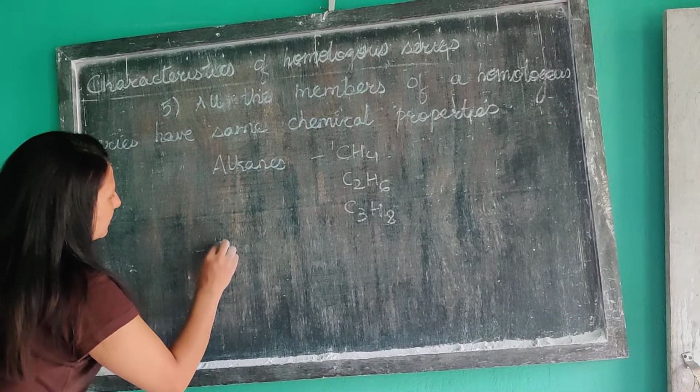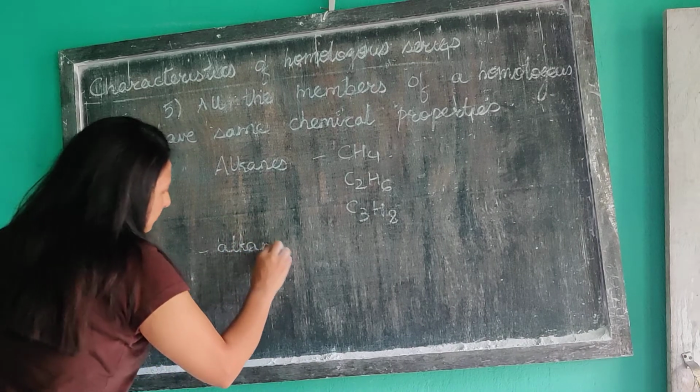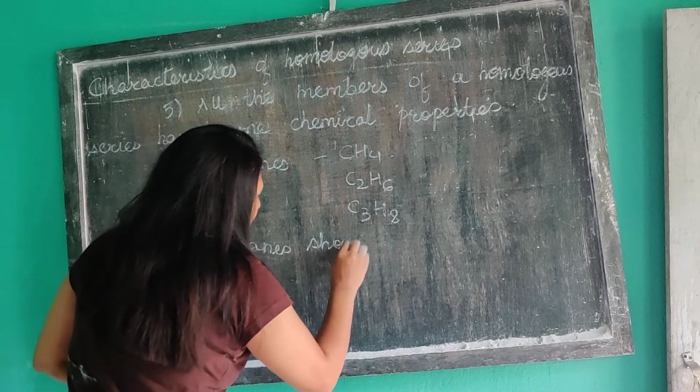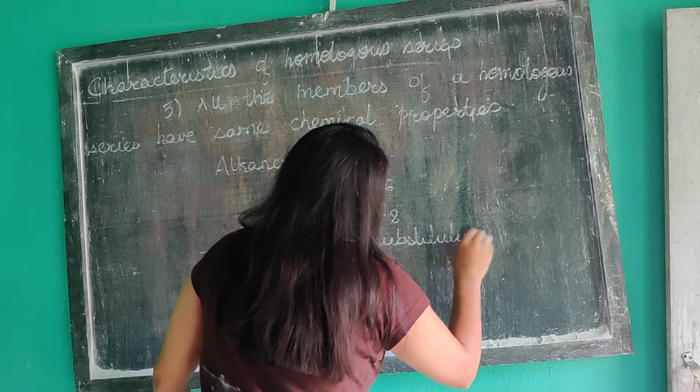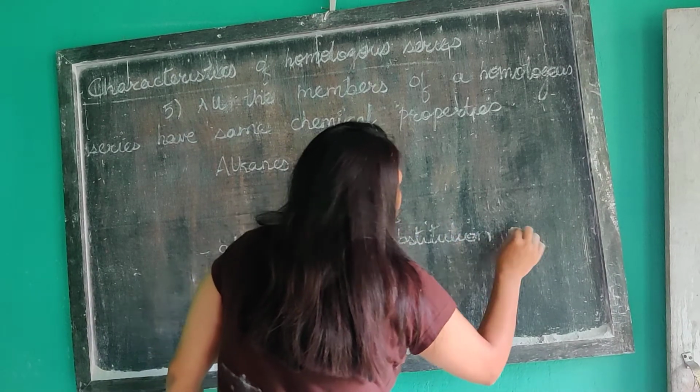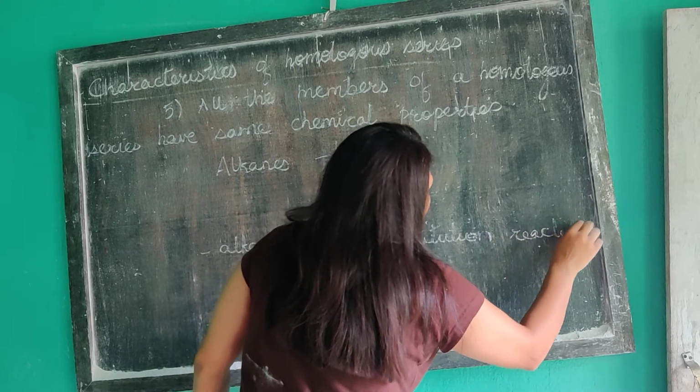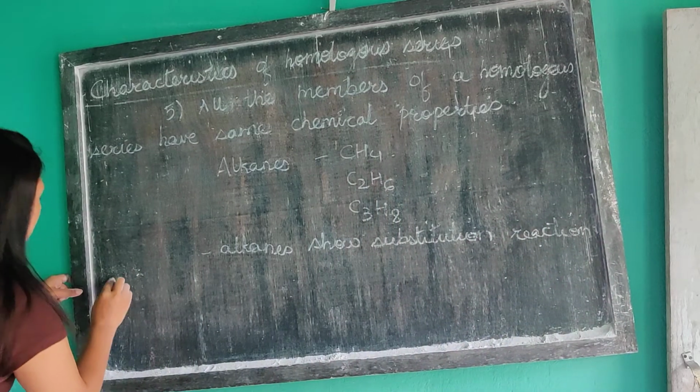Okay, so alkanes show substitution reaction with halogens.